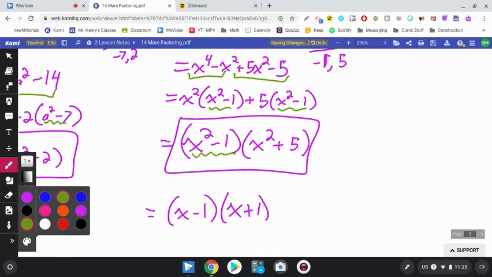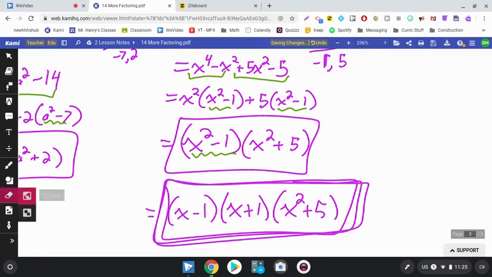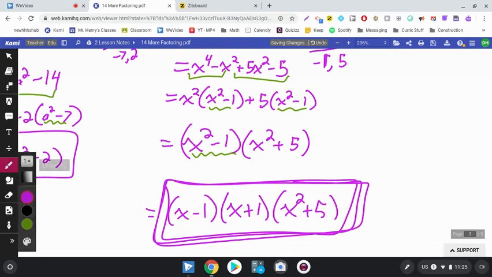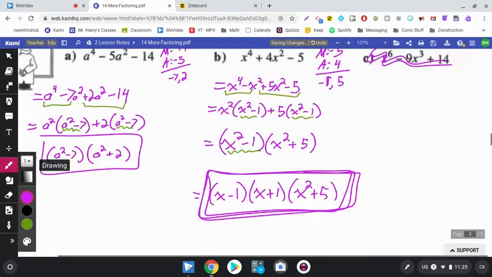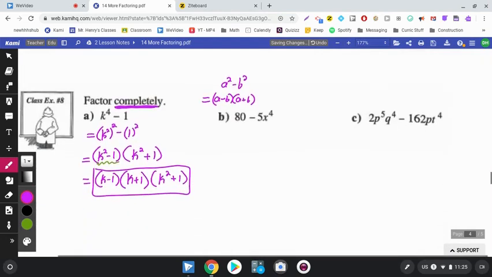I just factored this section, and the other factor is already done. So it can stay the same. So that is actually my final answer. If I said to factor completely, I need to always work my way down. No matter what method, if I get something that can still be factored, I factor it out using one of my methods.